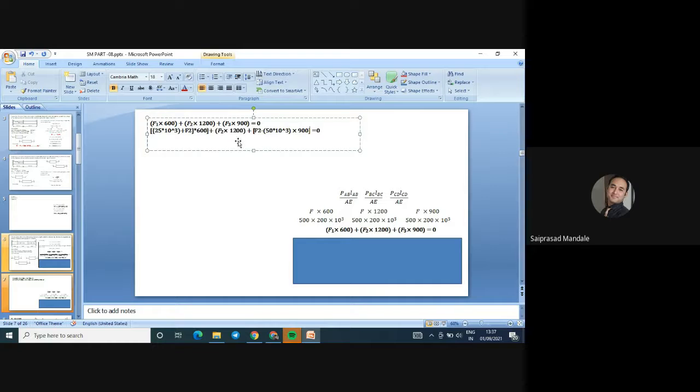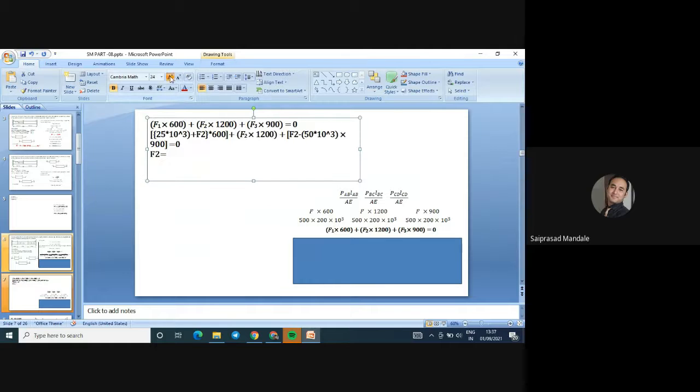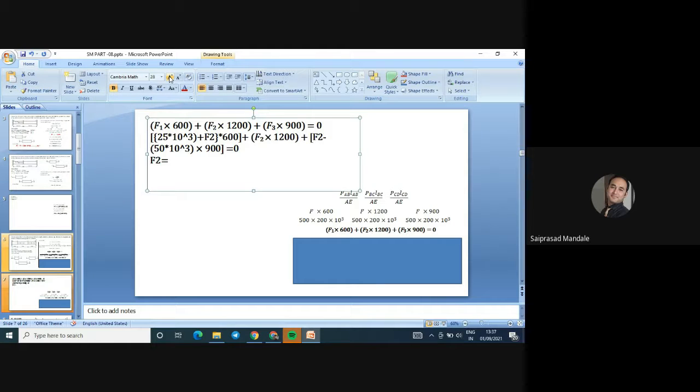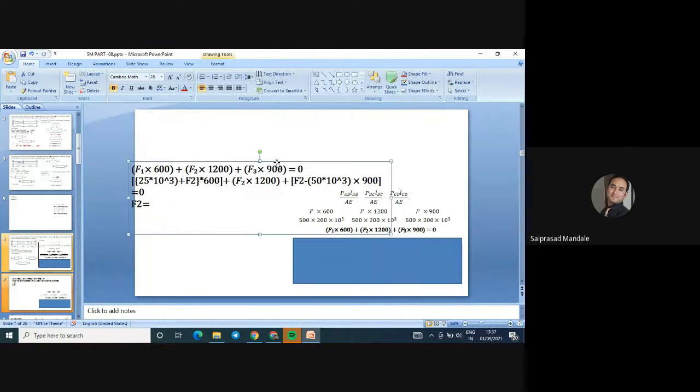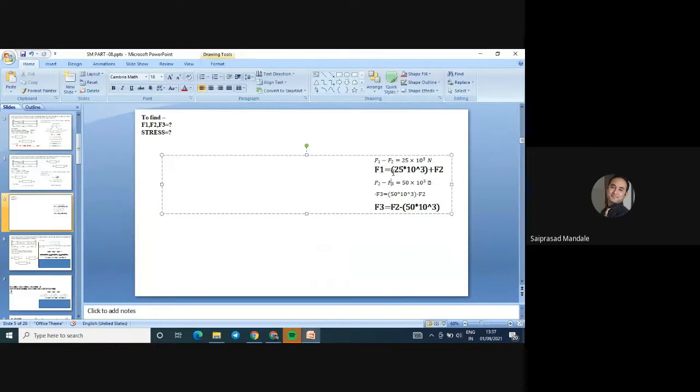Keep it as it is. Multiply 900 by this bracket and tell me the value of F2. Are you getting me? What I have done? How to solve this? I have just extracted this.